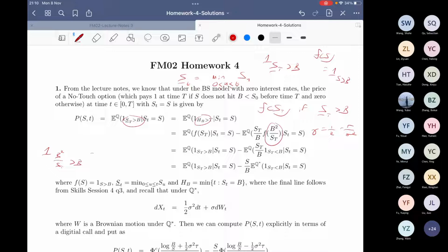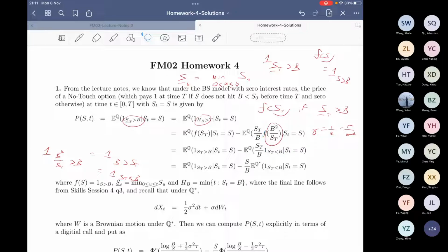But then you can rewrite that as the indicator of b greater than S_T, which of course is the same as the indicator of S_T less than b. So this reflected payoff in this case is a bit simpler than what it was earlier. It's just the indicator function of S_T less than b, but we still have that S_T part there.